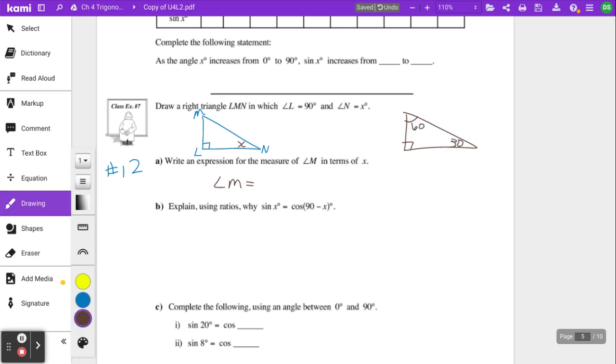Why? Because 90 minus 30 is the other angle up here. Agreed? So if I tell you that this angle is X, what will this angle be? 90, take away whatever that is down there. Do you agree?